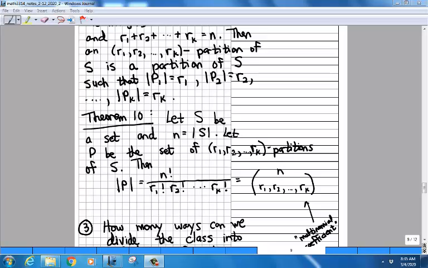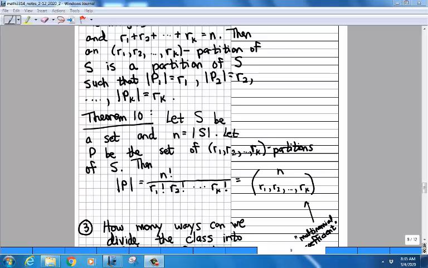So you're going to break the big set into K subsets, because there are K of these R values. The first partition is going to have R1 elements in it. The second partition is going to have R2 elements in it, up to the last partition, which is going to have RK elements in it. Do you see that? Kayla, you're looking confused. Okay.